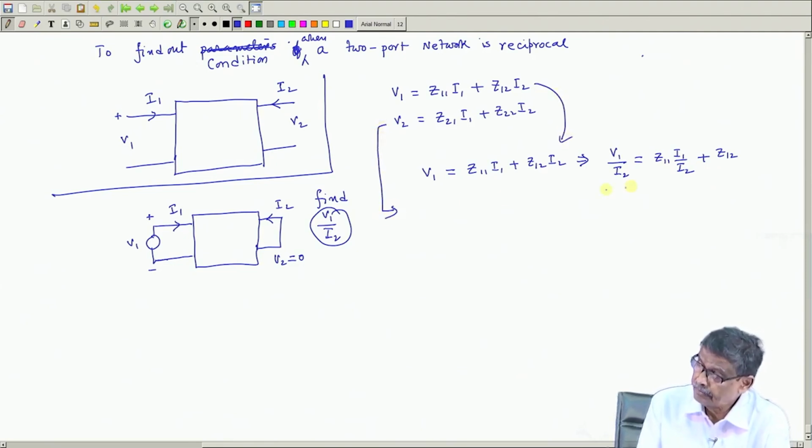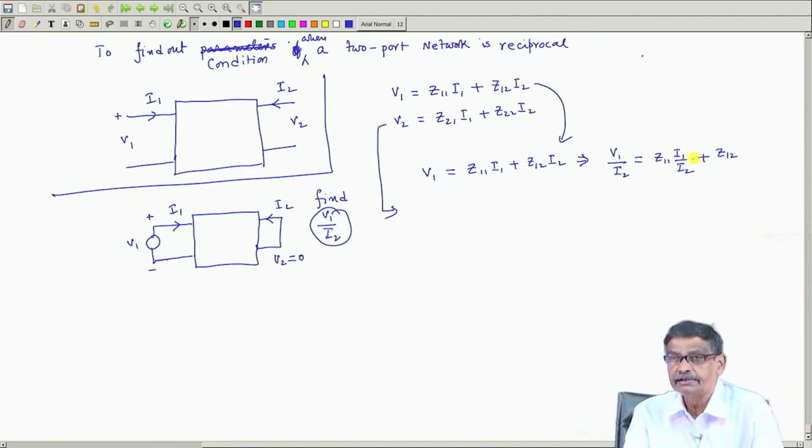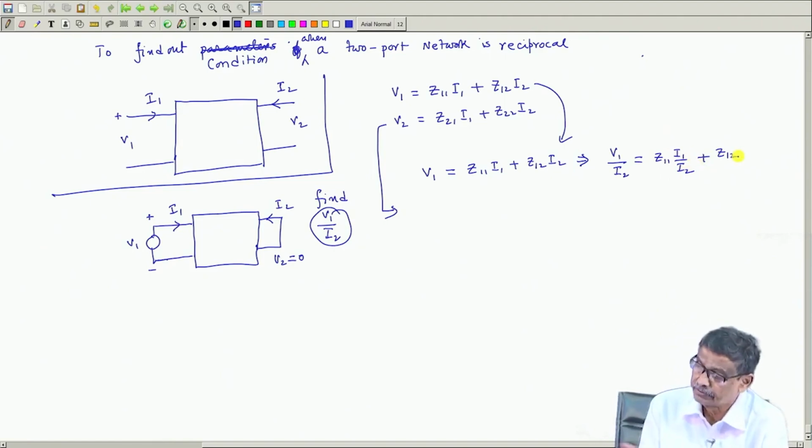Now, I would expect that on the right hand side only impedances are present, not I1 and I2.